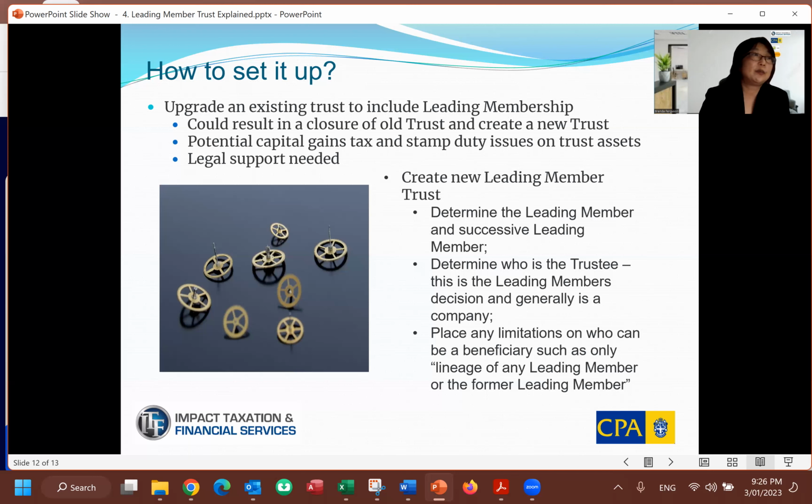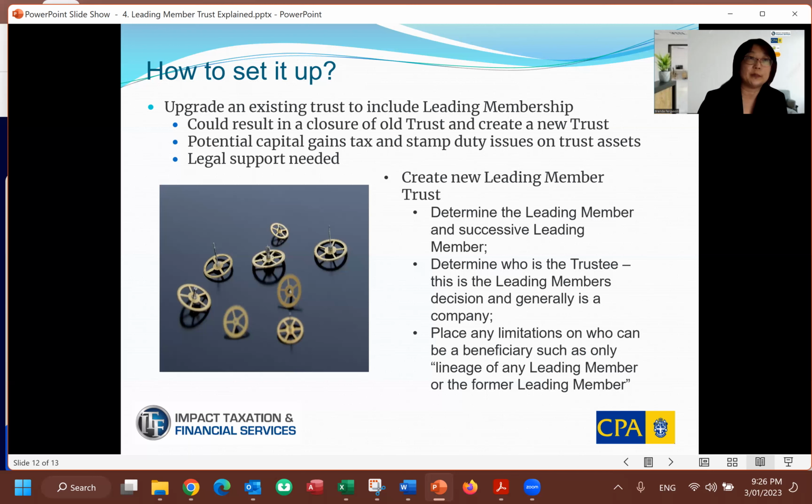The other way to do it is to create a brand new leading member trust. Before this, you need to make some decisions: determine the leading member and successive leading members, and determine who is going to be the trustee.